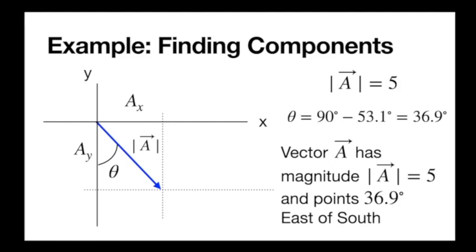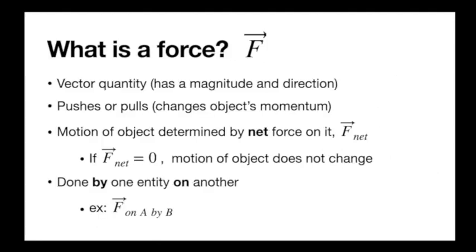All right, so now let's actually define what forces are. We have a pretty good intuitive understanding of what they are. I think they're pushes and pulls, and they are a vector quantity. A force has a magnitude in newtons, how hard we're pushing, and a direction. So it is a vector.